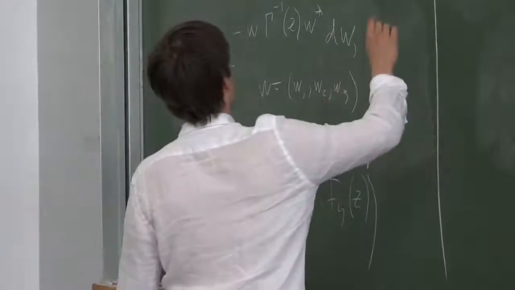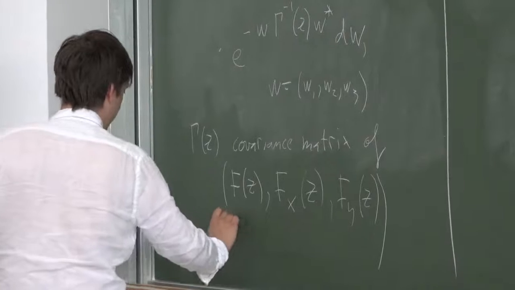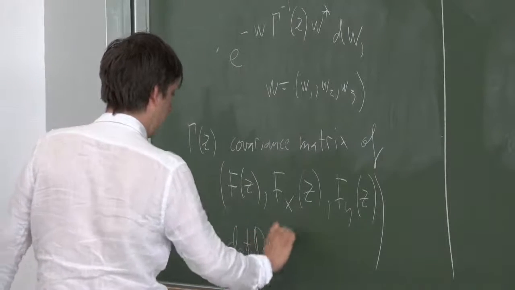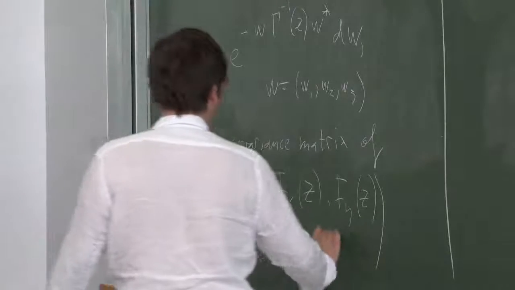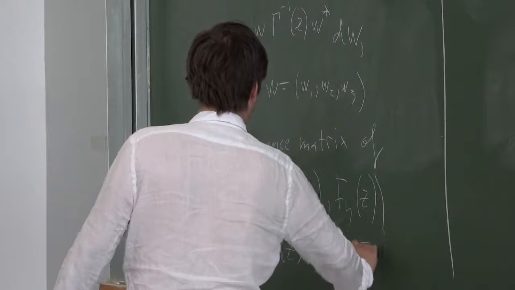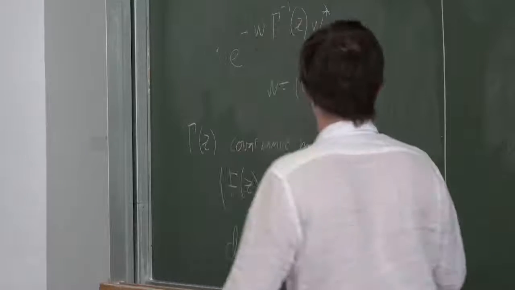In fact, here we use that this Jacobian determinant equals the imaginary part of fx times fy bar.